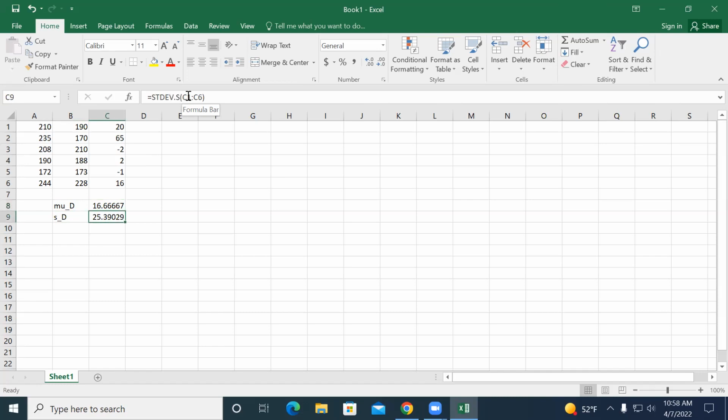And then SD was take the standard deviation dot S of the cells you want to take the standard deviation of. Is that a little bit easier? You want me to show you how to do it on the calculator too?